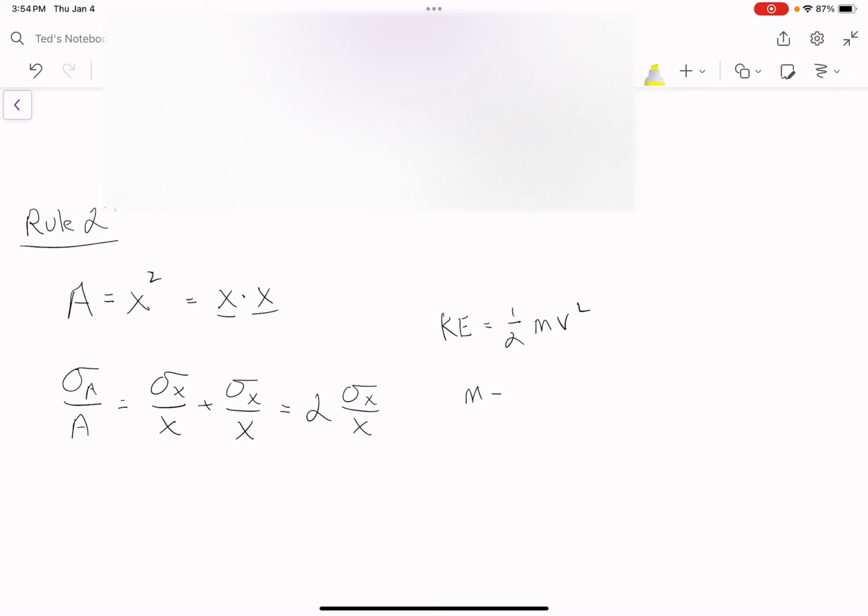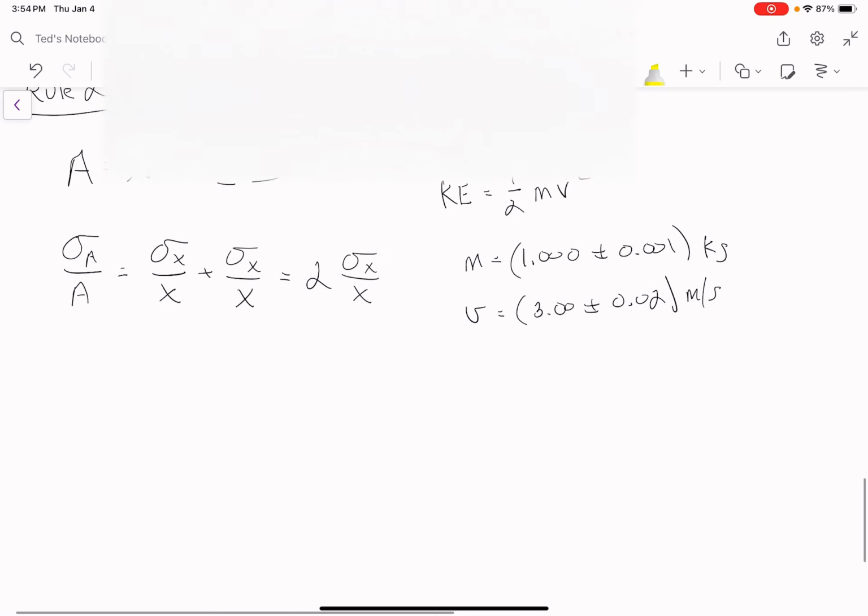And let's say the mass is equal to 1.000 plus or minus 0.001 kilograms. And the velocity is equal to 3.00 plus or minus 0.02 meters per second. And we want to find the kinetic energy, and we also want to find the uncertainty in the kinetic energy.